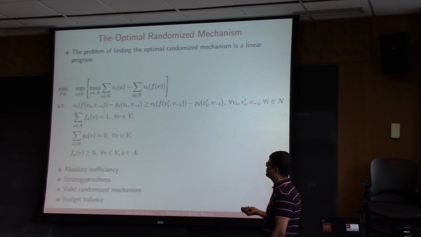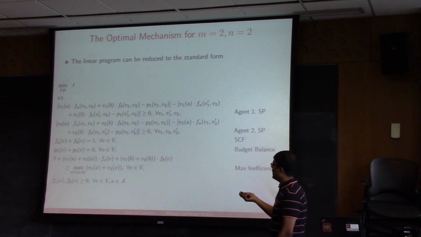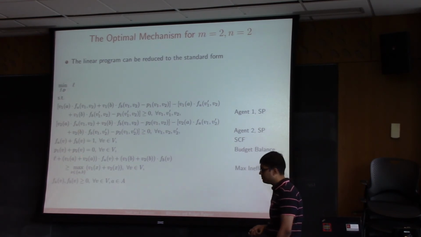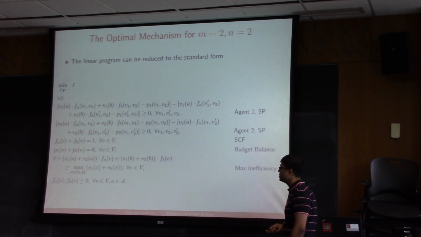Essentially it should be greater than or equal to this difference for every valuation, and that is what I have written over here. For every agent, the first 2 bunches of inequalities are the strategy proofness constraints for agents 1 and 2, and the rest of the constraints are similar: budget balance and the valid social choice function assumption.